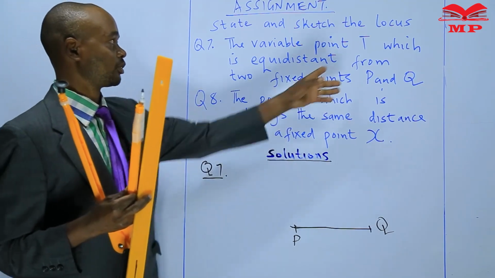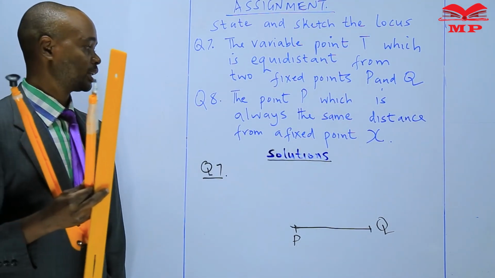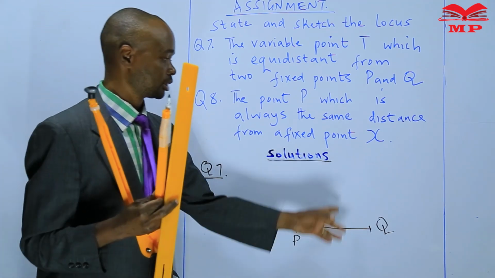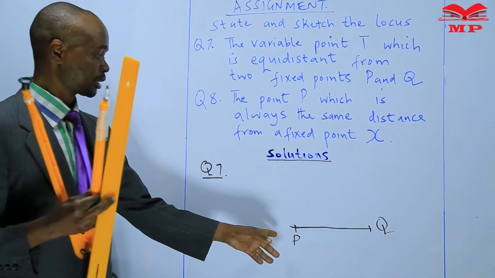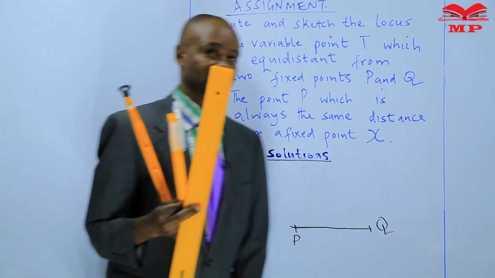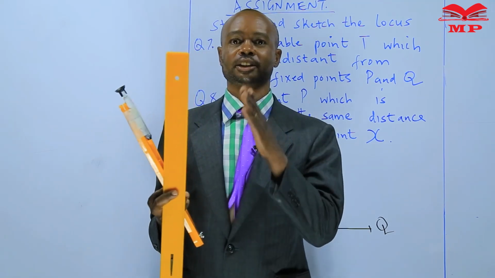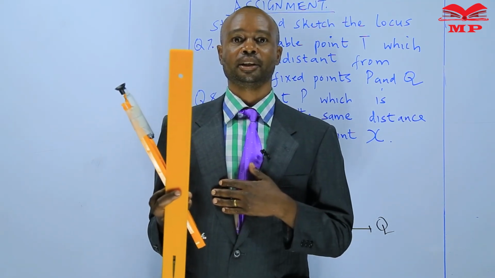The variable point is the one we have to get, and it should be at equal distances always from point P and Q. In short, they are just actually asking you to get a perpendicular bisector of line PQ.